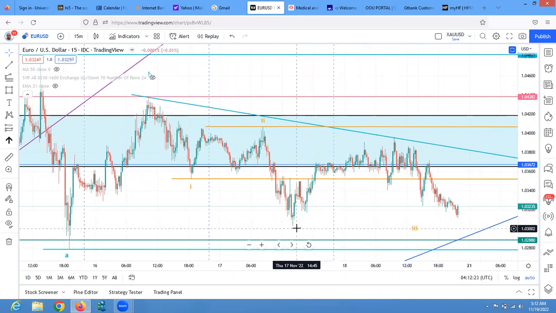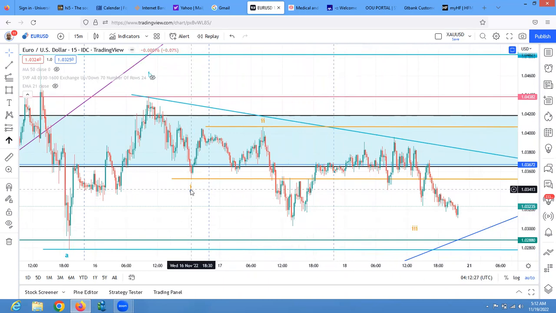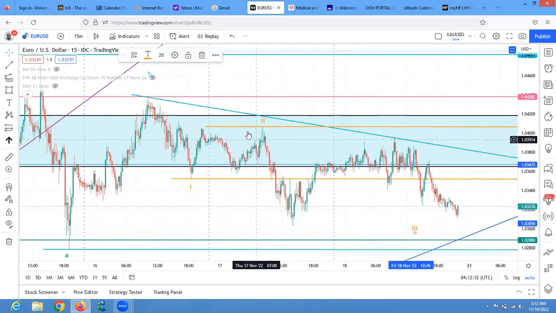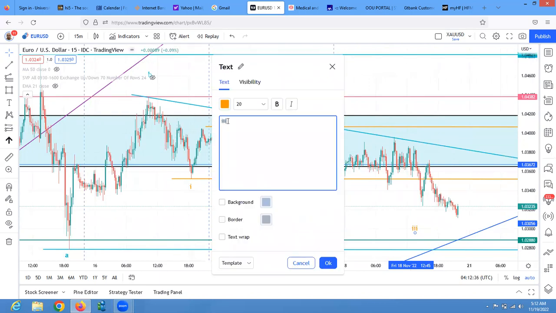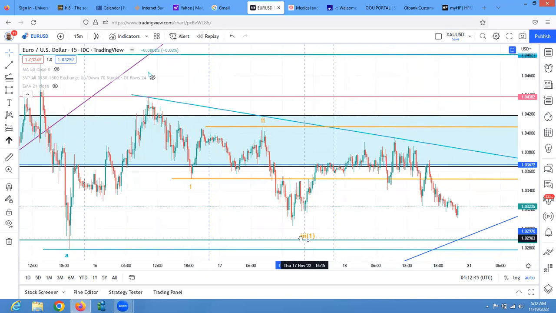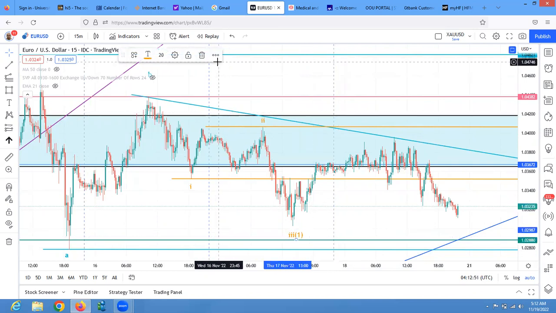So for this, in this degree, I would say that of that 3, we can see this as a 3-1. Let me just mark that. So we can see this as a 3-1. And we can see that in the making, we are seeing a 3-2.